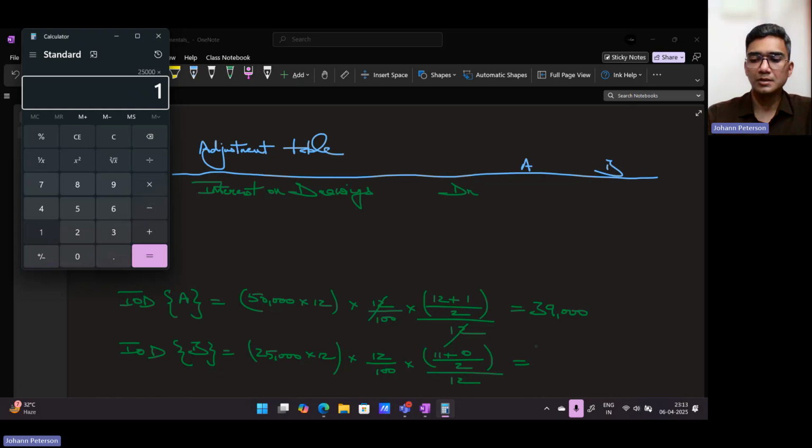This comes out as 25,000 into 12 into 11 divided by 2 is 5.5, into another 12 into 5.5 divided by 1200. That is 16,500.